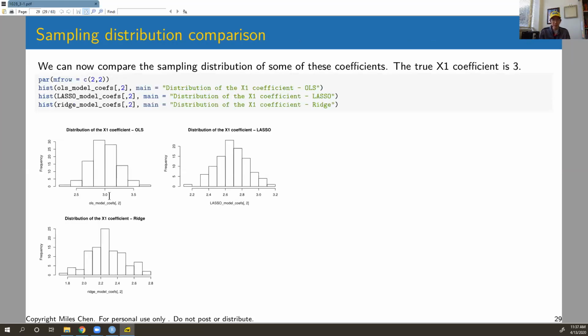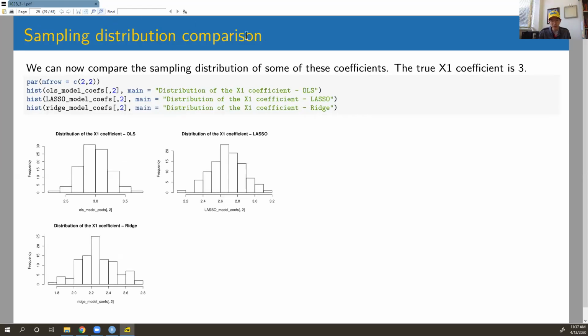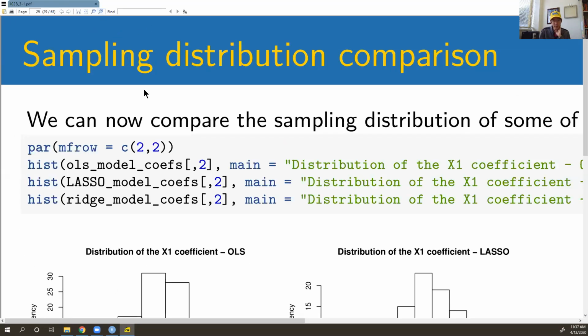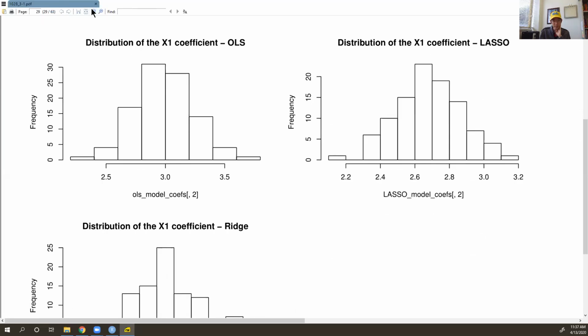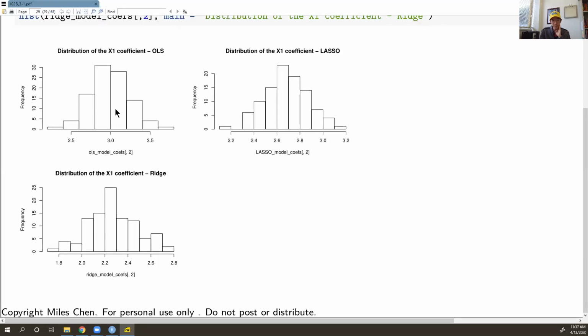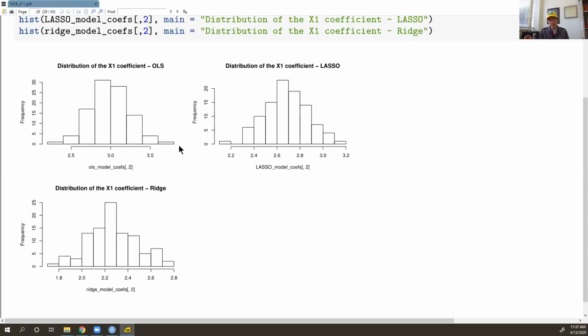Okay, and this is what it looks like. I'm looking at the coefficient for the x1 variable. In the population, the true x1 variable has a coefficient of 3. Remember, we fit models to our data with random noise.